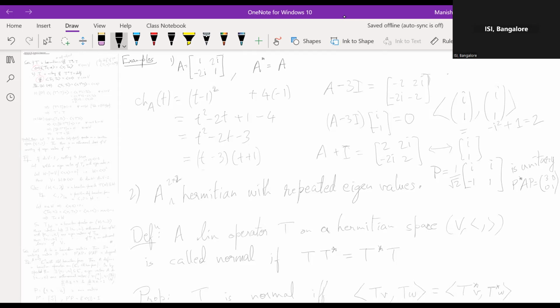So if you have a 2 by 2 matrix with repeated eigenvalues, then A is going to be P star times the matrix with lambda, lambda on the diagonal, times P. And what is this?